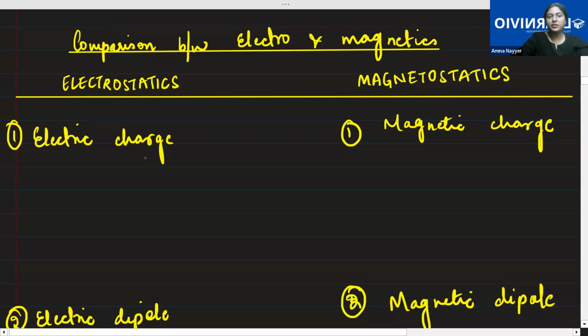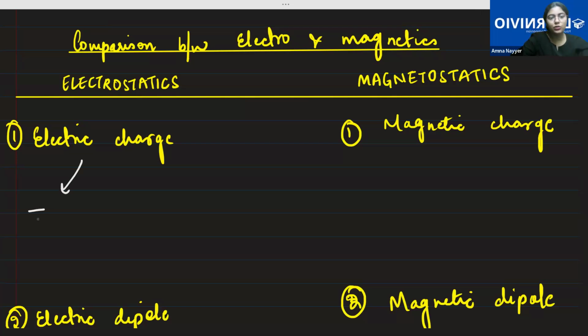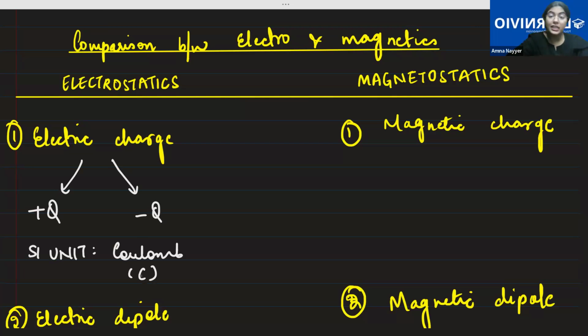Electric charge is there, which is a real thing. So, two kinds of electric charges are there, plus Q and minus Q. SI unit is coulomb. This we already know. Write it in the same manner in your notebook. When you write, make it in a tabular form, comparison of electrostatics and magnetostatics.